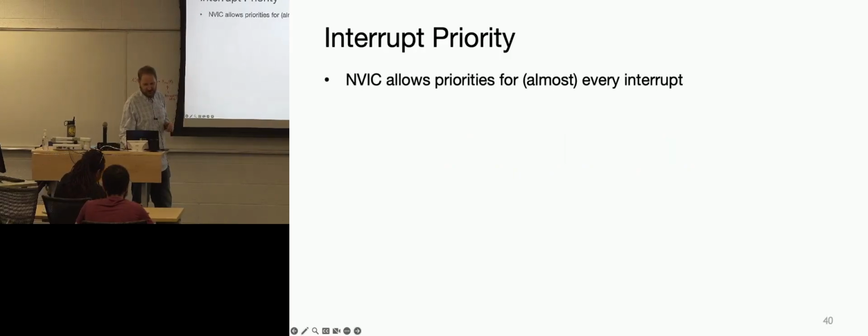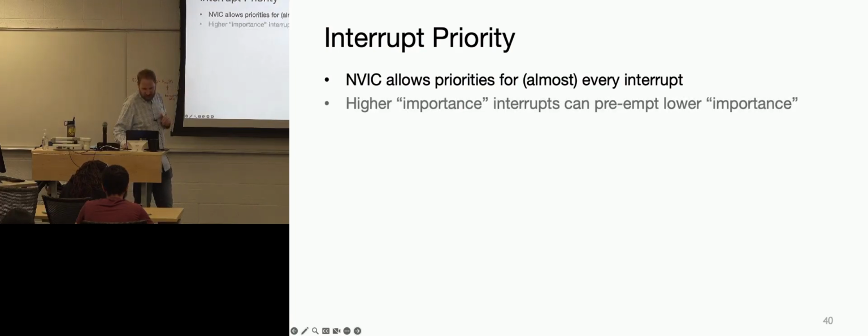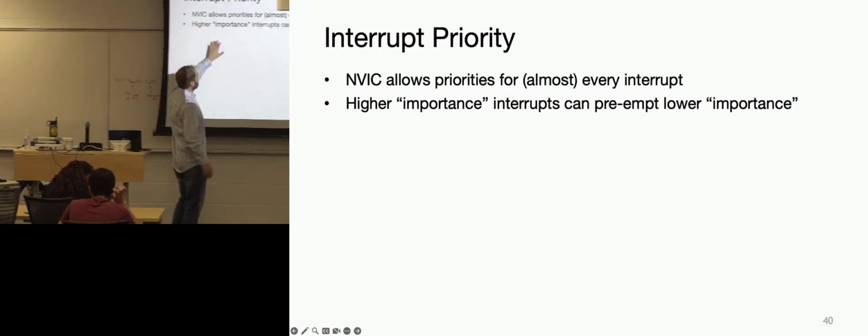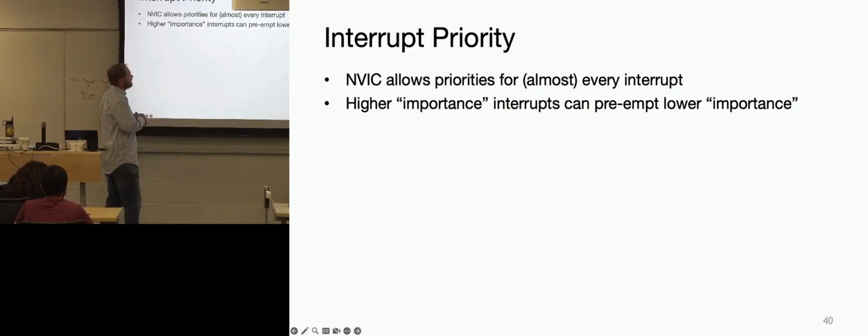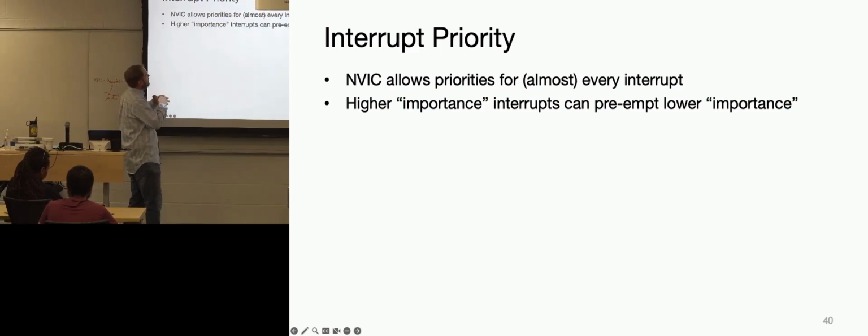All right, so the NVIC allows you to set the priorities of almost every interrupt. It doesn't allow you to set the priorities of ARM's lower 16 interrupts. That's not possible. They only use 5 on this particular chip, but those are reserved. You can't change those, but you can change the priorities of everything else. Here, lower importance interrupts can be preempted by higher importance interrupts, and we're going to use the term importance because we're actually going to use golf scores for interrupts, where low numbers mean higher importance.